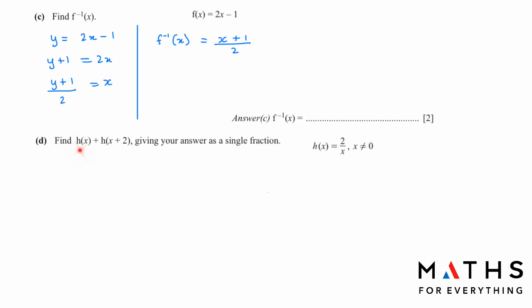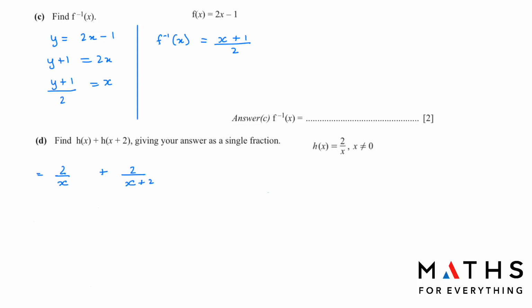You have to find h of x plus h of x plus 2, giving your answer as a single fraction. So h of x is 2 over x. And for h of x plus 2, in place of x, we'll replace it with x plus 2. So it will become 2 over x plus 2. You know, in fractions, addition or subtraction, you can add them and write it as a single fraction only if the denominators are same.